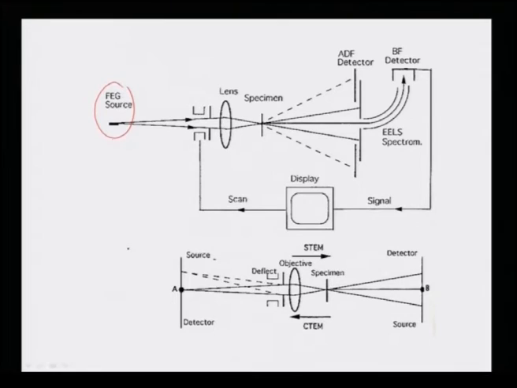In field emission guns, the intensities of the electron beams are very high, almost 3 to 4 orders of magnitude higher than the normal LaB6 filaments or tungsten hairpin filaments. So, these high intensity beams can be demagnified to about 1 nanometer nowadays, or even less. In many cases one can go down to 0.5 nanometers, to get a very fine probe of very good intensity falling on a sample.